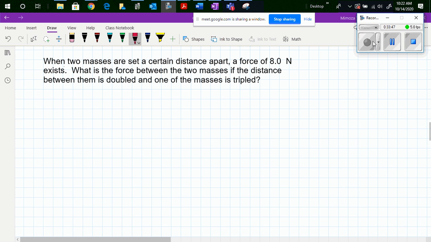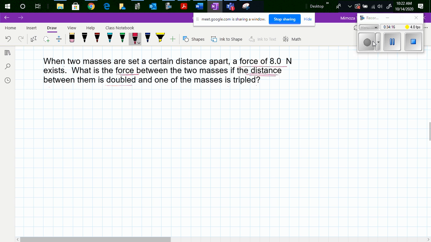When two masses are set at a certain distance apart, a force of 8 newtons exists. Attraction force, a universal gravitational force. What is the force between two masses if the distance between them is doubled and one of the masses is tripled?